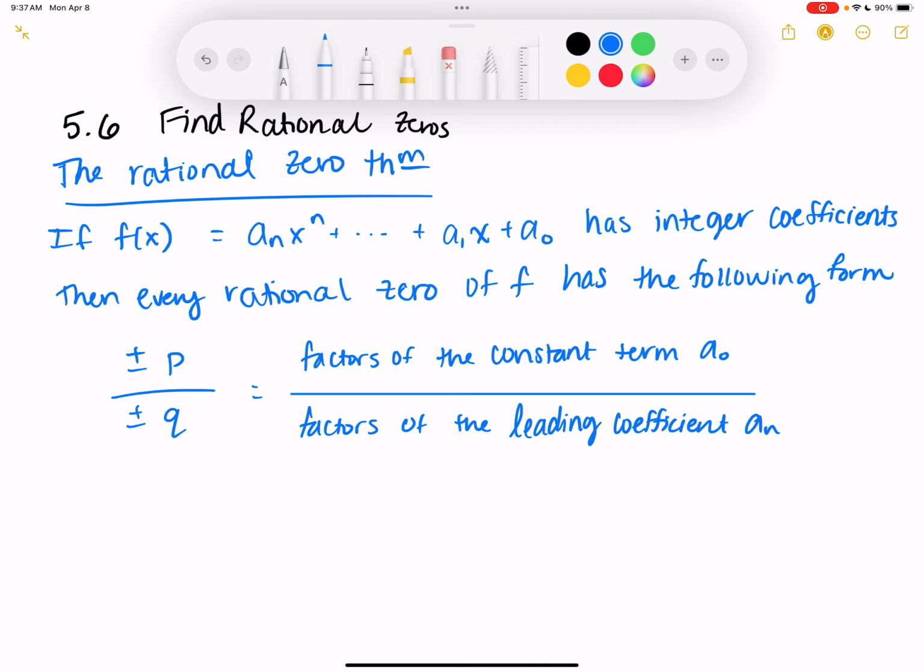So the two different instructions you're going to see within this section are going to be to list all possible rational zeros and then find all real zeros. Those are going to kind of be like the two things. So when it asks you to list all possible, that would just be doing this.